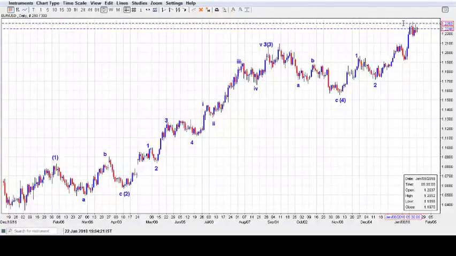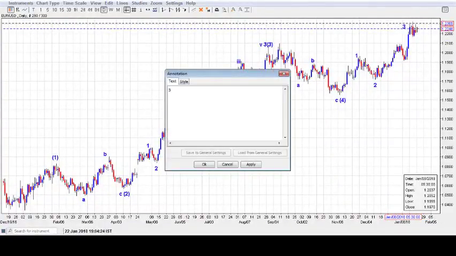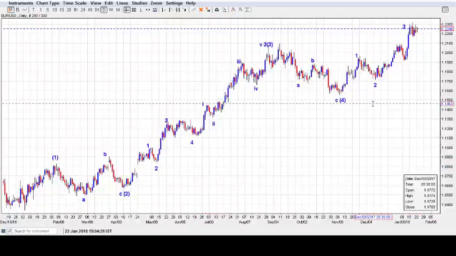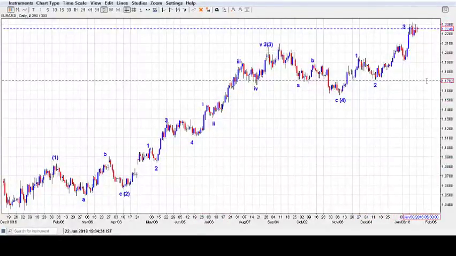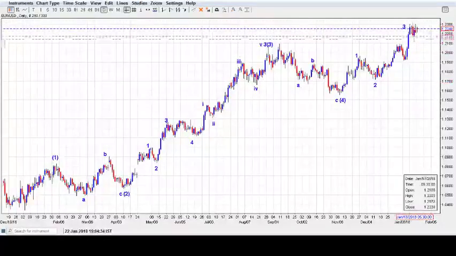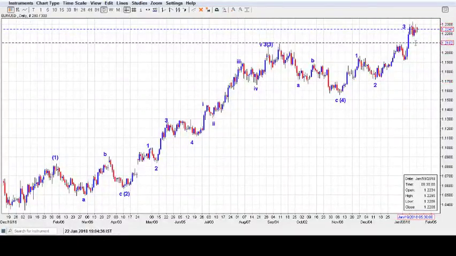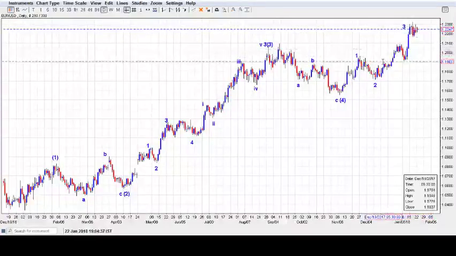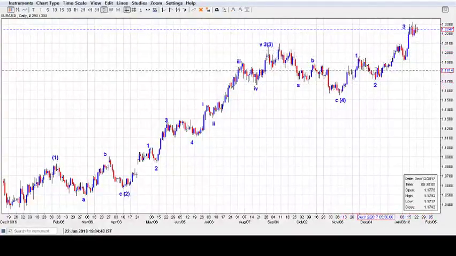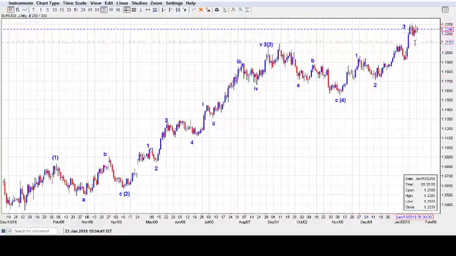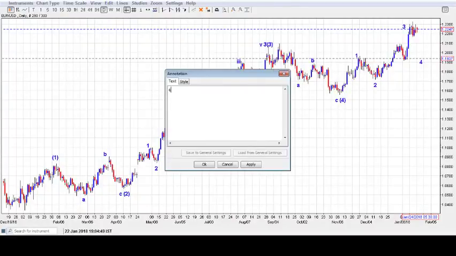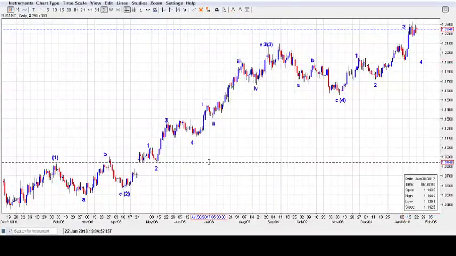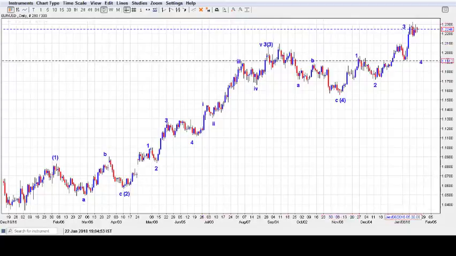In fact, we will have to settle down with the most likely count as the third wave terminating at 23, that leaves us with another similar or symmetric ABC, like the second wave, somewhere over here, pretty close to the 1900 handle. That's where wave 4 could be expected to terminate.